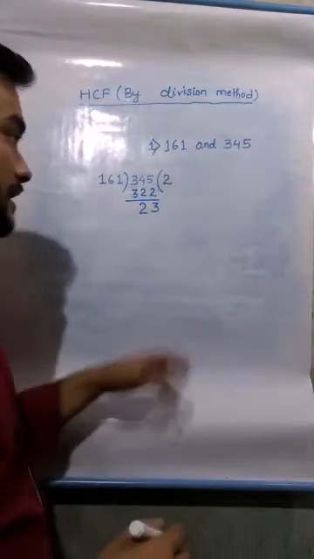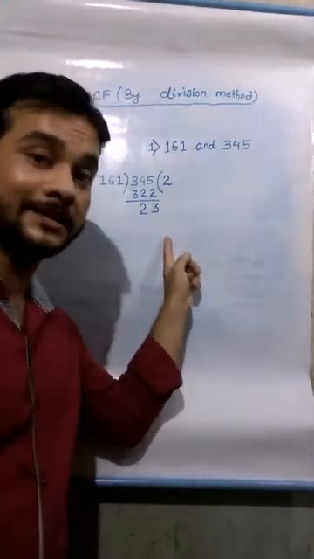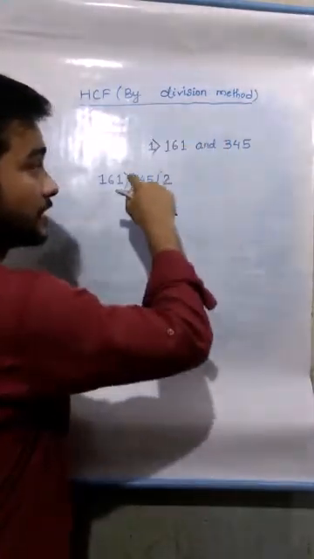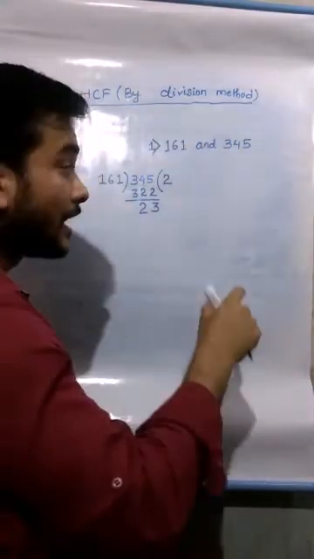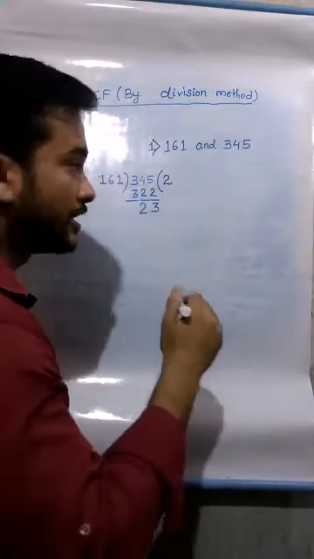23. Now listen carefully. Here the remainder is 23. Remember this: division method means you have to divide until the remainder becomes 0. So how will you divide?